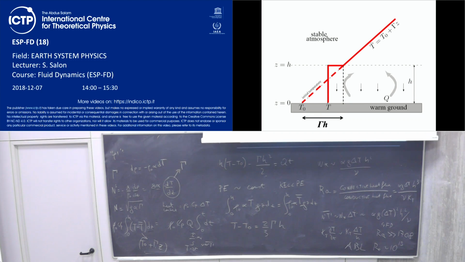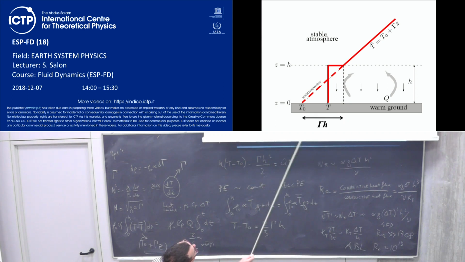But what is lambda h? Actually, lambda h is exactly the difference between the temperature T0 and the temperature T bar at z equal to h. Because if I put z equal to h in the initial stratification profile, I have that T bar at z equal to h will be T0 plus lambda h.